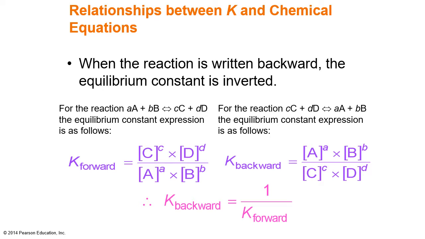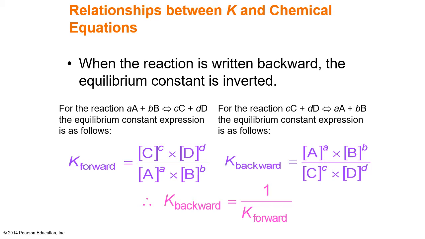If we look at our law of mass action, we always do products divided by reactants. So in our forward direction, it would be the concentration of C times D over A times B, again raised to the coefficients. But if we look at the reaction in the reverse direction, now our reactants become products and our products become reactants, essentially inverting our equilibrium constant expression in the backward direction.